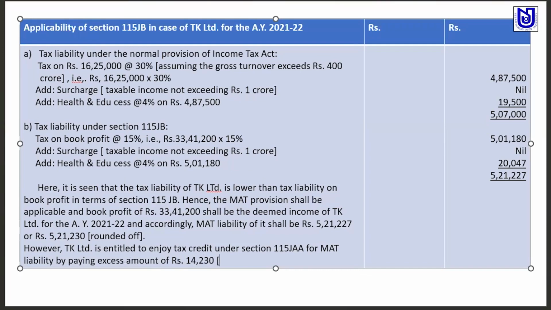How much does this come to? 5,21,230 minus normal provision 5,07,000.